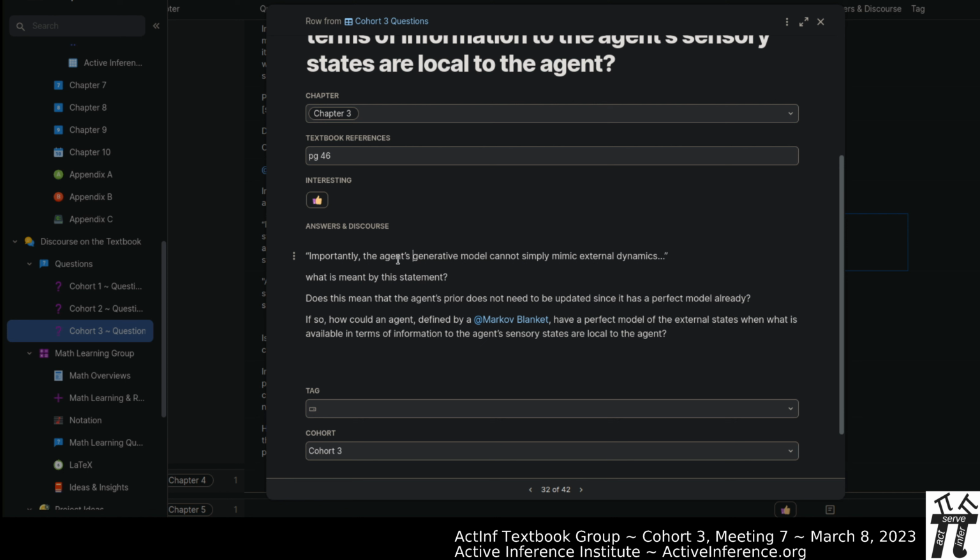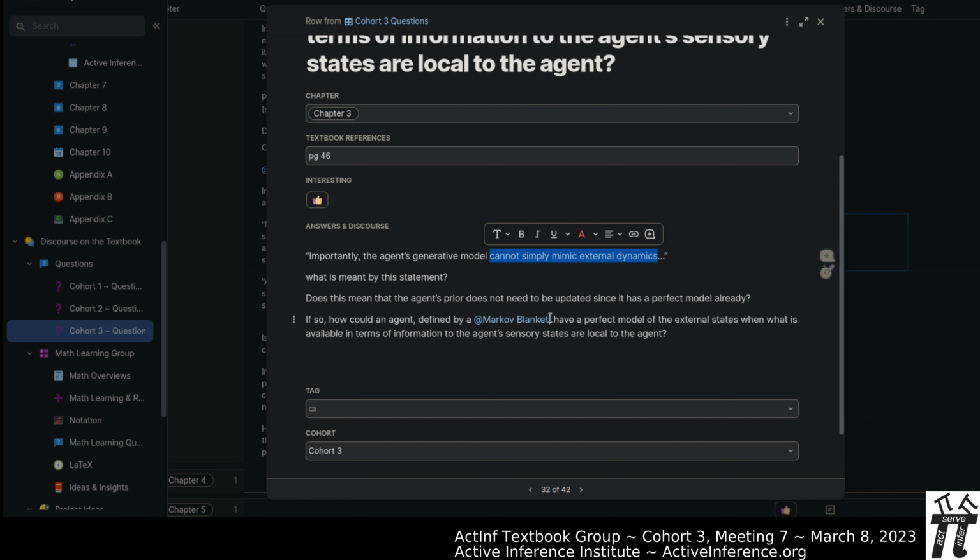The agent's generative model has this dual imperative of accurate but not overfit perception and adaptive action. That's the synthesis of the signals and information processing incoming side with the action selection control theoretic outgoing side, because simply mimicking will not lead to adaptivity. It's just not what adaptive agents need or want to do.